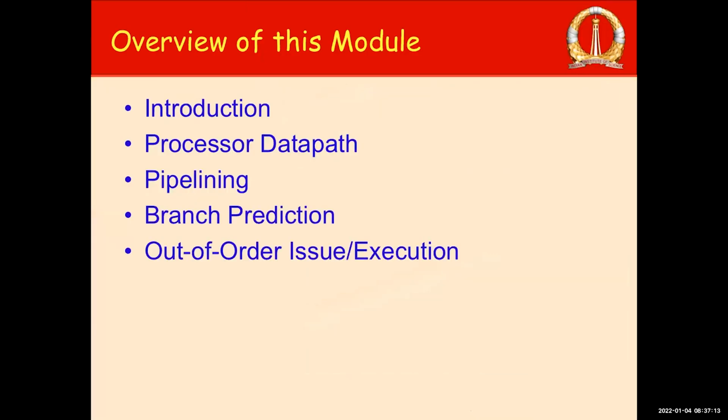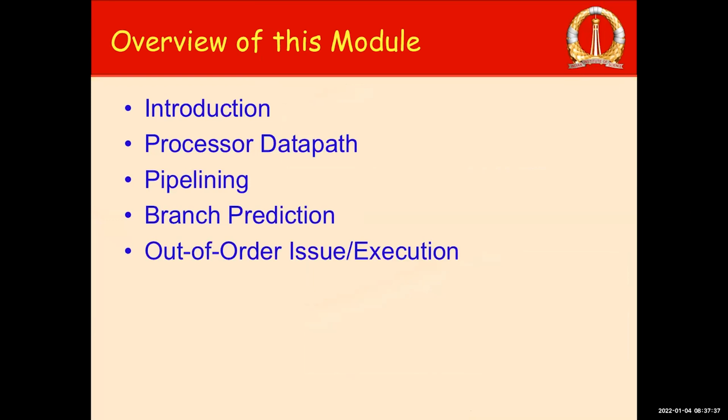Let me just get started with the overview of this talk. We're going to have a very quick introduction followed by discussing the processor data path. Then we will talk about how pipelining can be done in the processor data path. And then we will talk about important issues relating to branch prediction and how dynamic branch predictors are implemented.